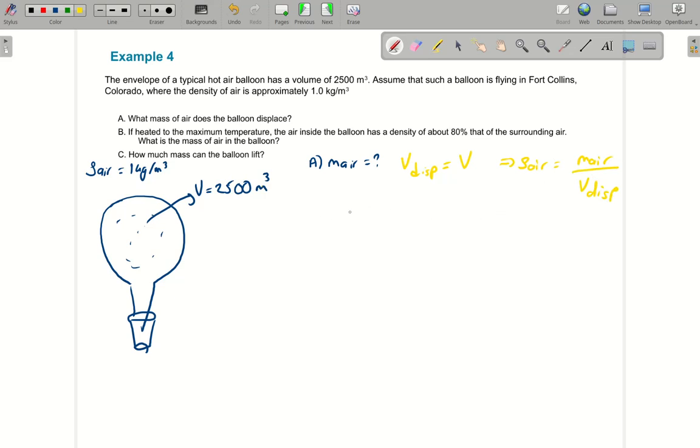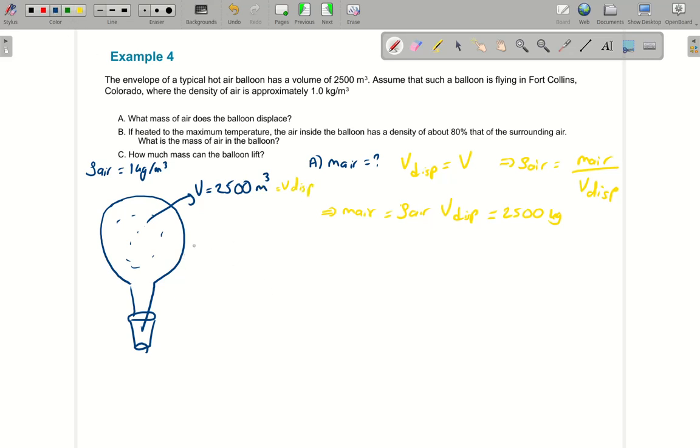That's it. So you'll say simply mass of the air is equal to density of the air times displaced volume, and find the mass of the air. It should be, well, this will be quite simple, 2,500 kilogram, because raw air is 1 kilogram per meter cube, and displaced air is equal to that. All right, I kind of solved it.